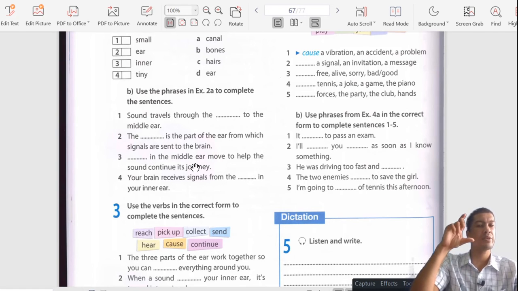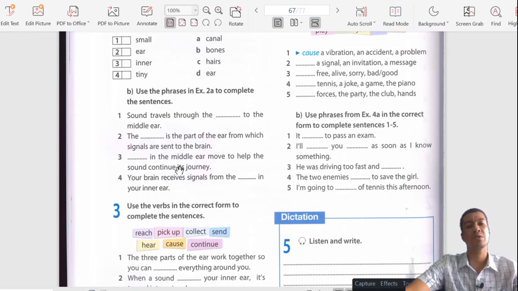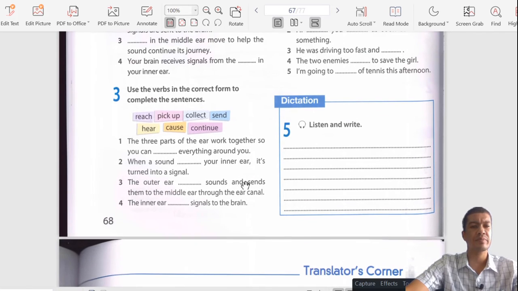Remember, in the middle ear you have 2 small bones that help the sound to continue its journey. Right, your brain receives signals from the what? Right, from the tiny hairs in your inner ears. Remember, I talked about the wave and how we hear. Right, so your brain receives signals from the tiny hairs in your inner ear.